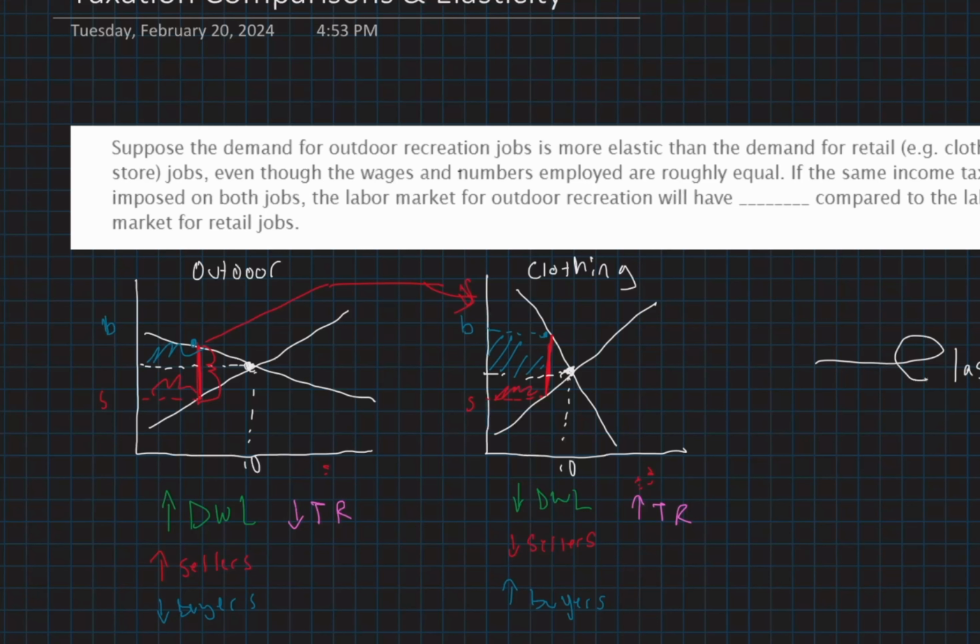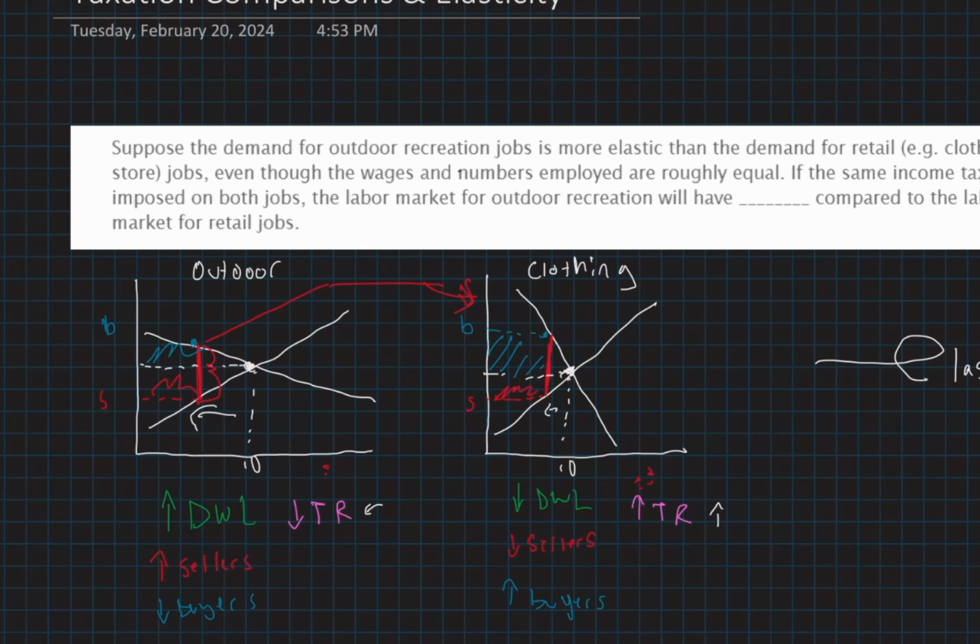Because our deadweight loss is greater, this one's moving further away than this one. So that means because it's moving further away, the tax revenue is shrinking. And the height of the tax revenue stays the same because the height is just the tax. But the length or the base is shrinking, which means that this one will have less tax revenue, this one will have higher tax revenue.